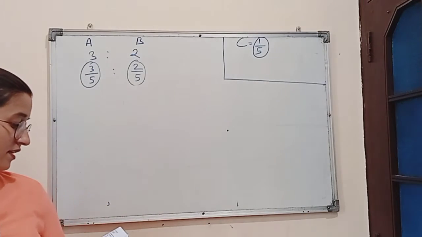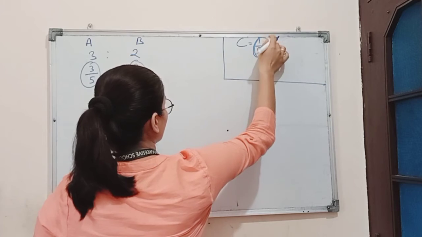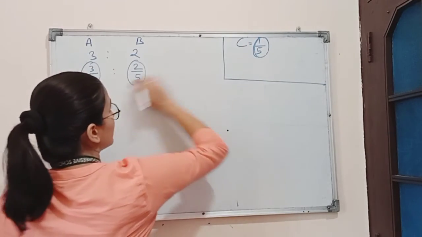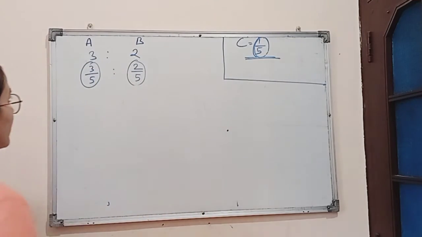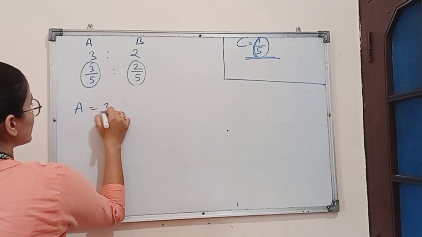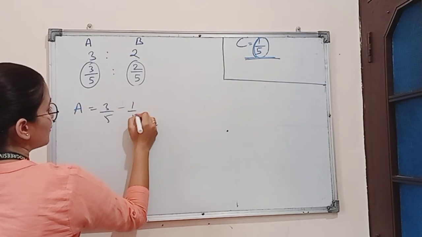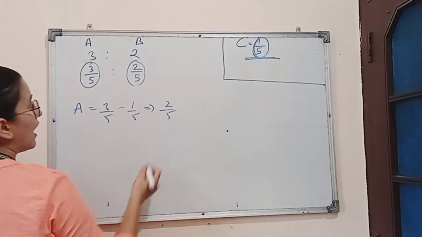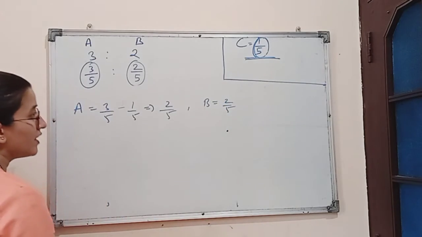Third case is C gets it wholly from A. So this share, which is 1/5, is acquired by C from A. This full amount of share has been acquired by C from A. So A's old share is 3/5. A has surrendered 1/5 share to C. So the remaining share of A will be 2/5 and B's share will be the same because B has not surrendered any share.